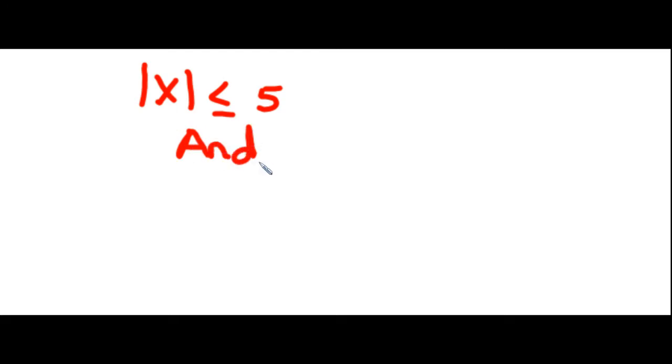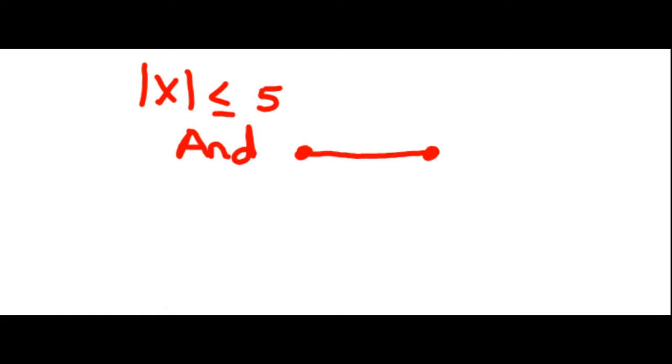So, a quick review of something important for you to remember. If we have an absolute value that is less than or equal to anything, that is an AND compound inequality, so it will be between two numbers on the number line.